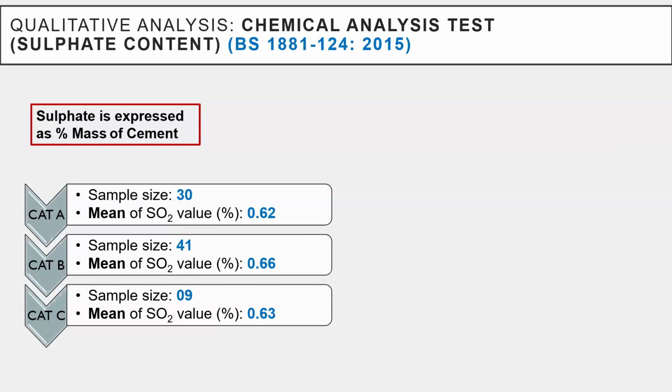Sulfate is expressed as percentage mass of cement. For category A, B, C, 30, 41, and 09 samples were there, and mean value is found to be about 0.62, 0.66, and 0.63 for different categories.